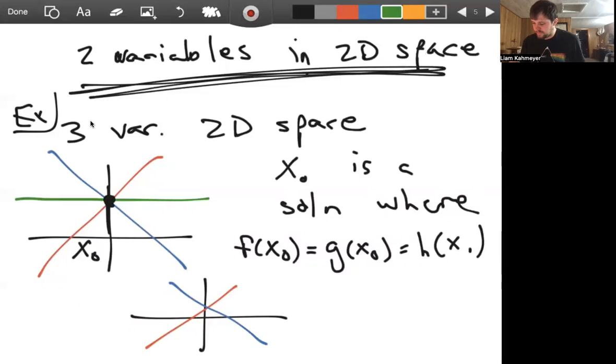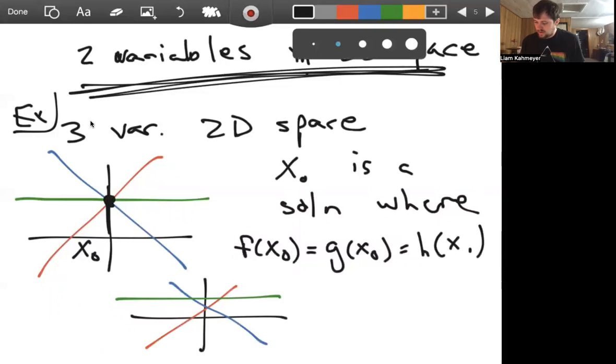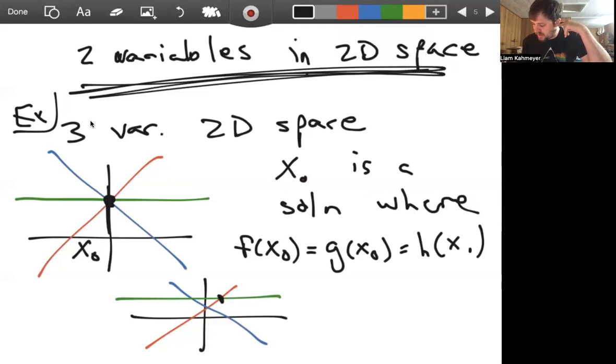For example, with a small change to the previous example, if you were to shift the green line up a little bit, you can see there's nowhere where all 3 of these lines intersect simultaneously. Sure, 2 of the 3 lines intersect at some points, but this would be an example of no solutions.